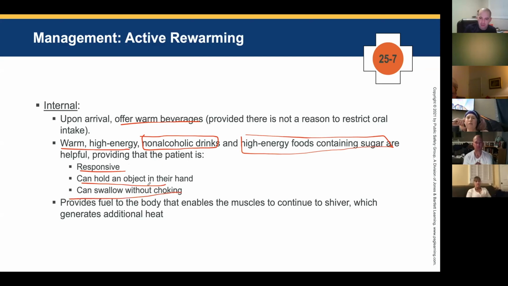This is going to be key, right? We don't want to actively rewarm somebody who's unresponsive and pour a bunch of hot chocolate down their throat. Doing this can provide fuel to the body that enables the muscles to continue to shiver, which can generate additional heat.